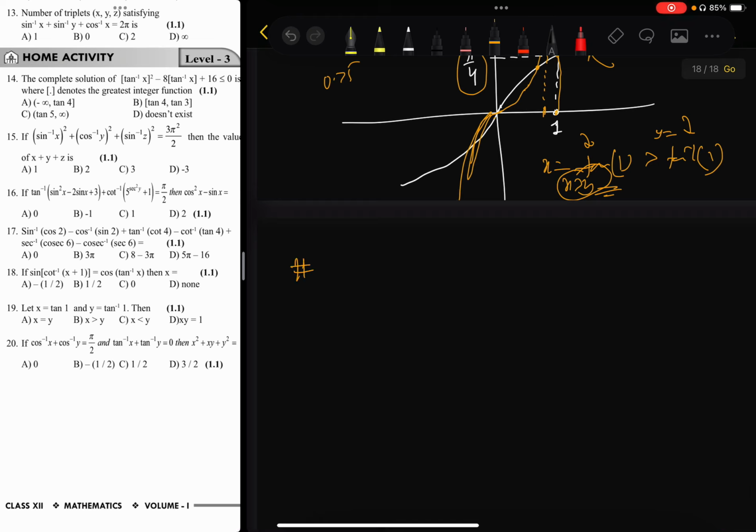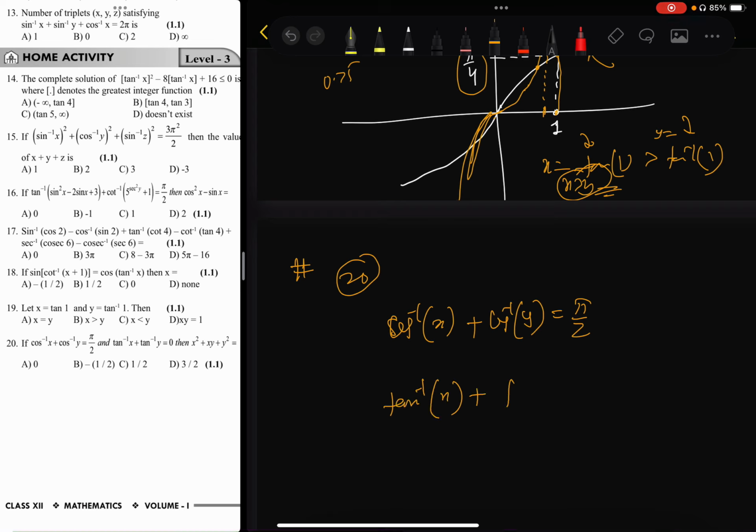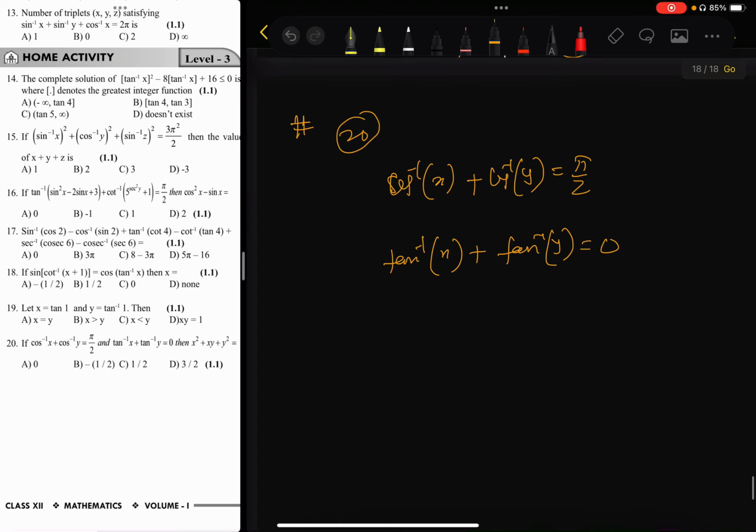So here, next question number 20. Cos inverse x plus cos inverse y equals pi by 2, and it is given tan inverse x plus tan inverse y equals 0. We need to find x square plus y square. Now see, take cos both sides.